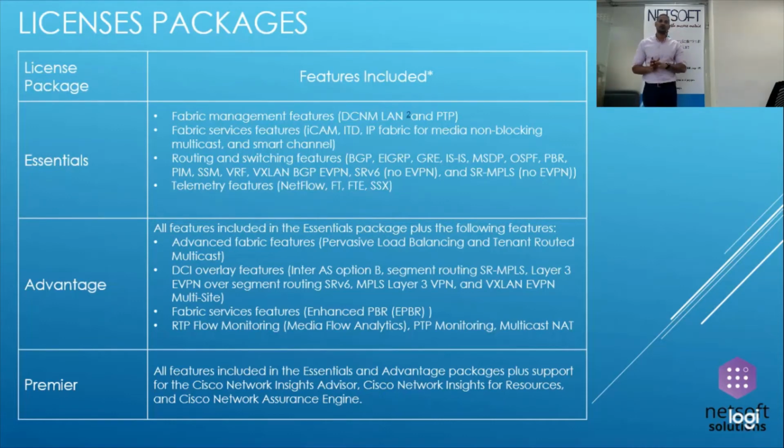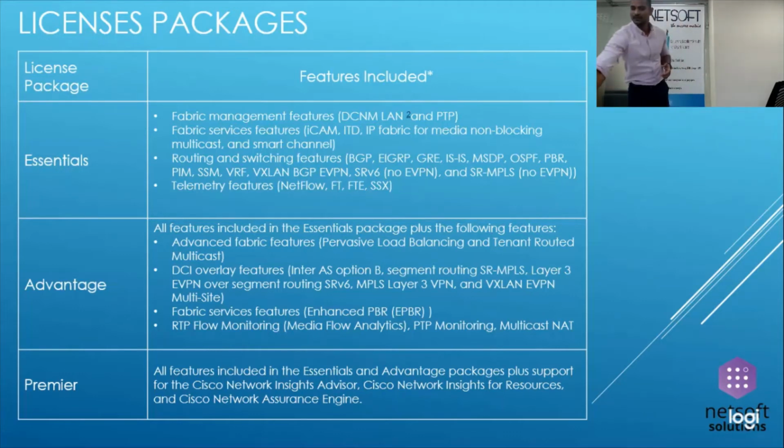So it will tell you all the details about the resources of a system. And third is the Assurance Engine. Assurance Engine is a reporting or auditing tool which will give you all the details about the auditing part. Okay, along with all the Essential and Advantage features, you will have all these analytics features in the Premium package.